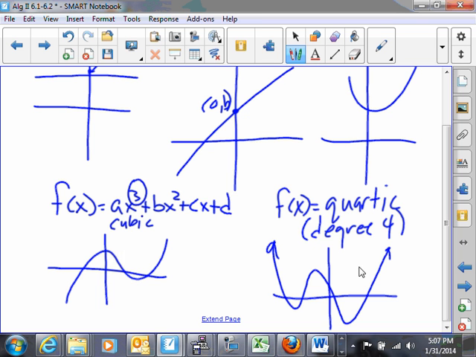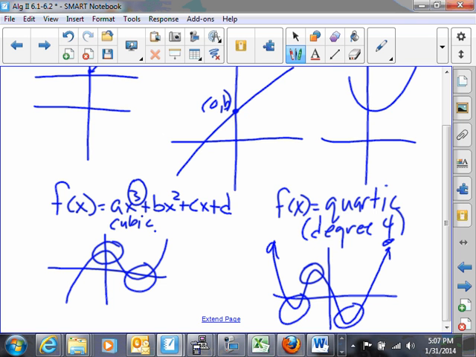Notice in the cubic function we had 2 turning points. It was going up, it turned and went down, and then it would turn back up. That's 1 less than the degree. In a quartic function we have 1, 2, 3 turning points. That's 1 less than the degree.